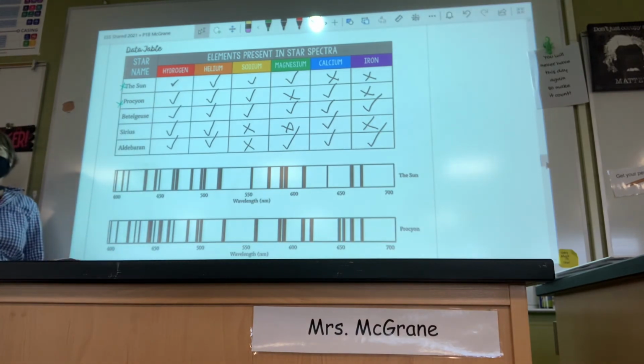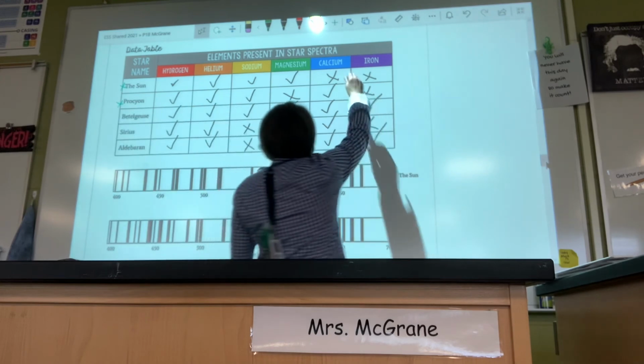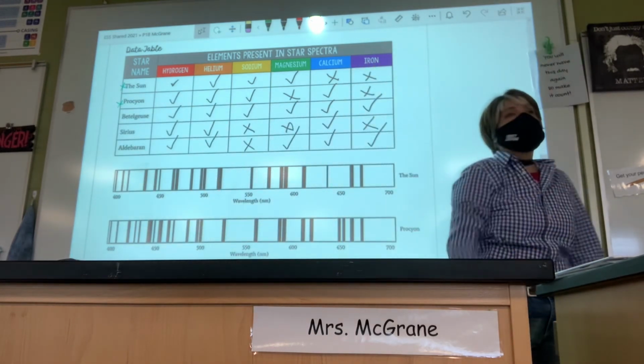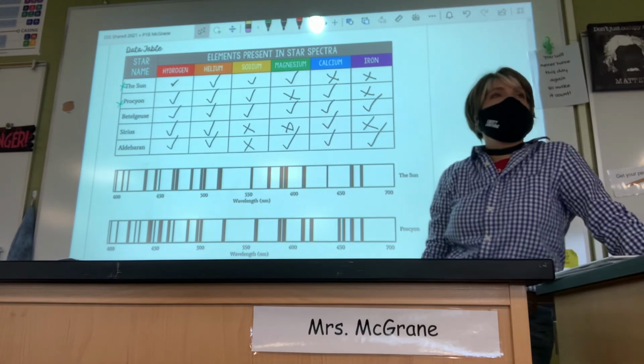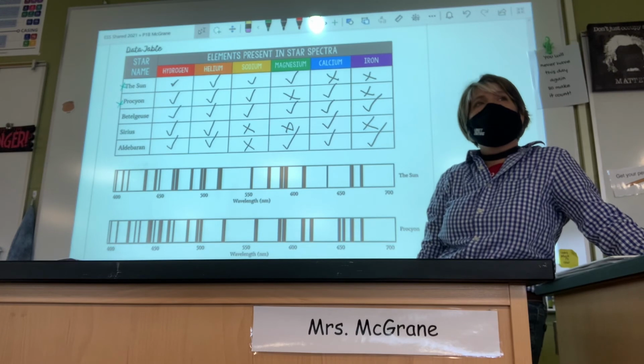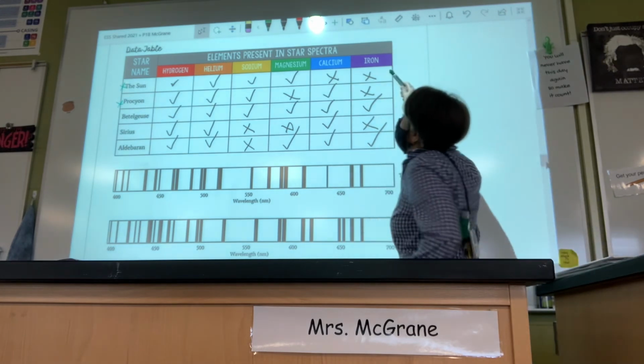So Carter, go ahead and defend yourself. Why the sun? Because it doesn't have the 2 elements that have the most mass. So you're saying it doesn't have calcium and it doesn't have iron. Because it doesn't have the iron, which is the one with the most mass.